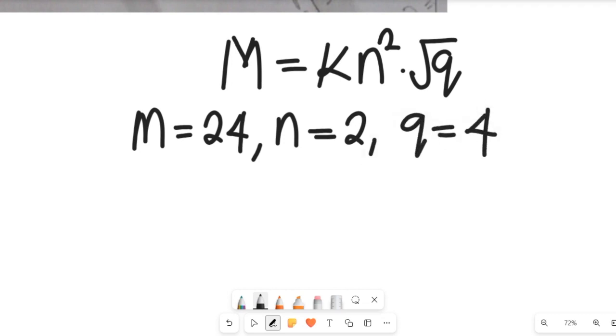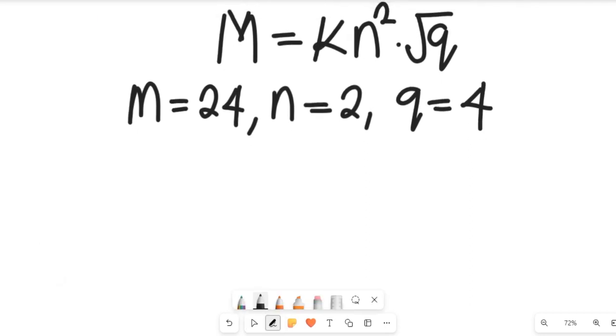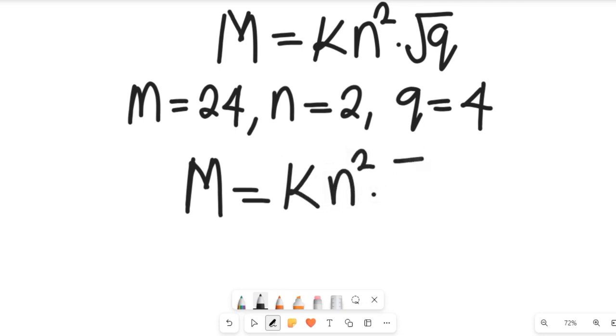Given all these parameters, all we need to do is to substitute them into that expression. So m is equal to k n squared multiplied by the square root of q.